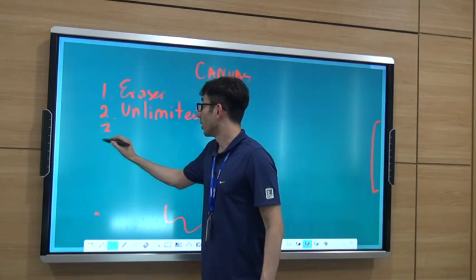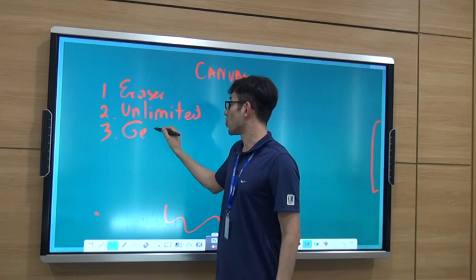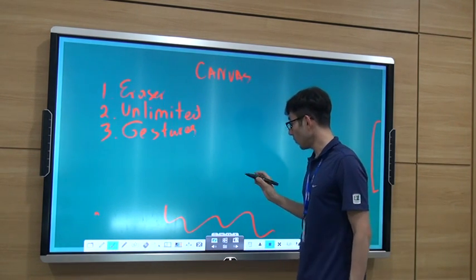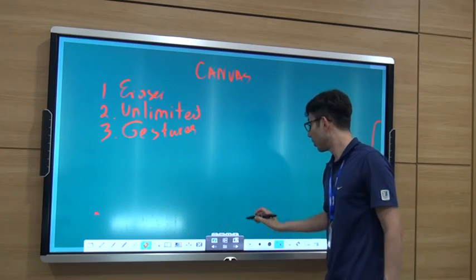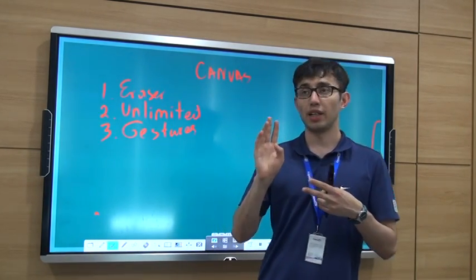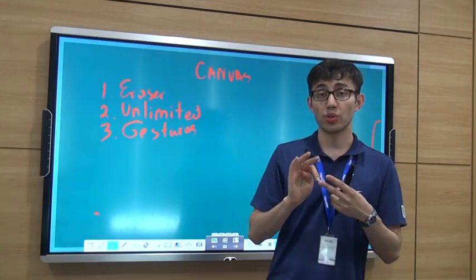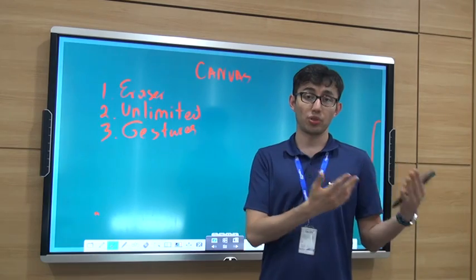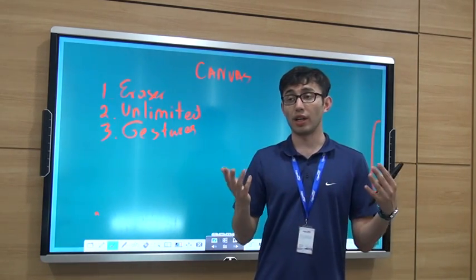The third one, the coolest part, is gestures. Gestures mean that you can do most of the functions like erase, do, undo, next slide, previous slide, go to the menu, access your list of slides.